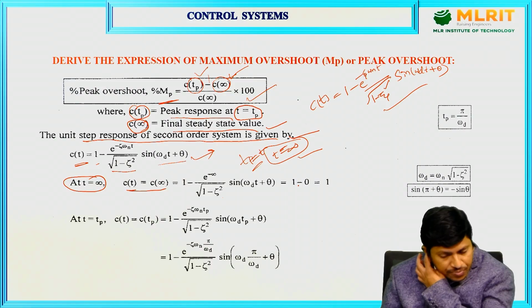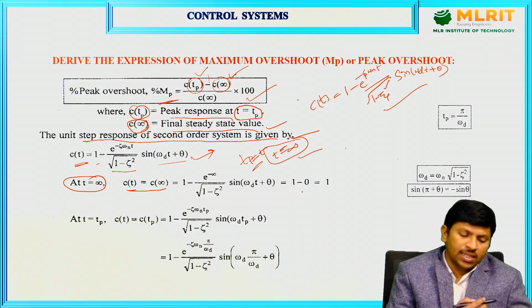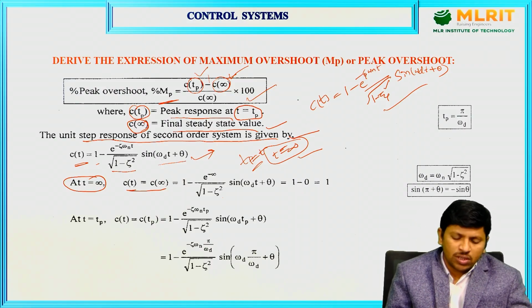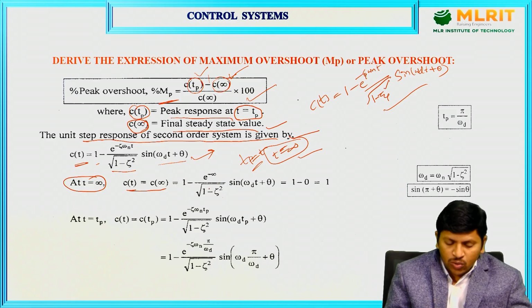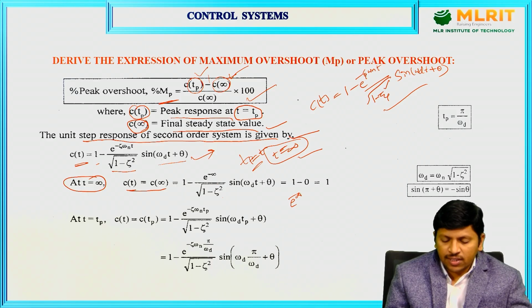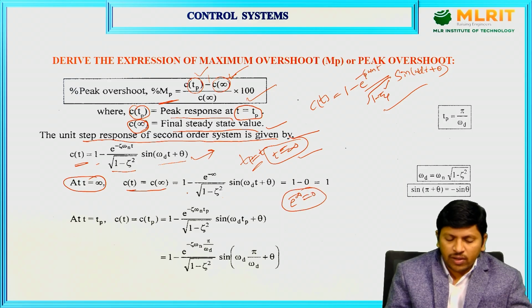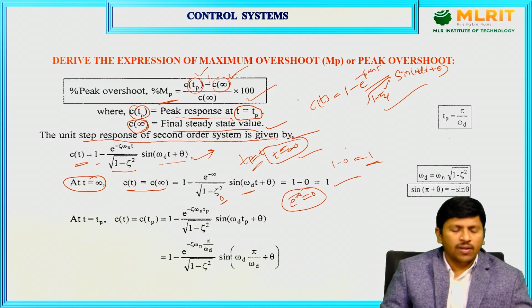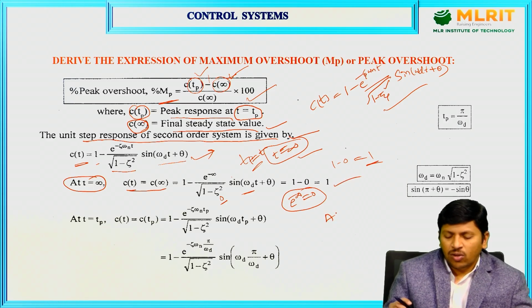E power of minus infinity is nothing but 0, so it is 1 minus 0 into sin theta, and 0 into sin theta is 0. So that equals 1. Therefore c of infinity is equal to 1.